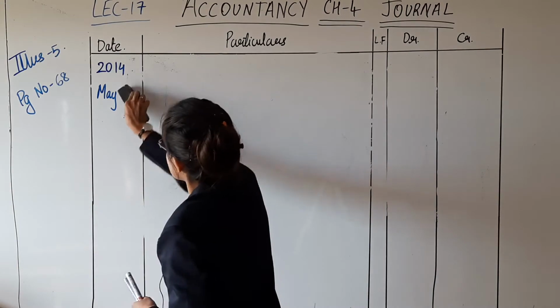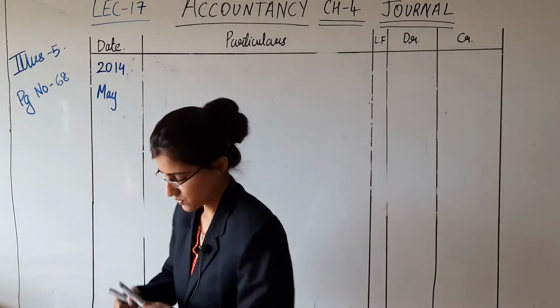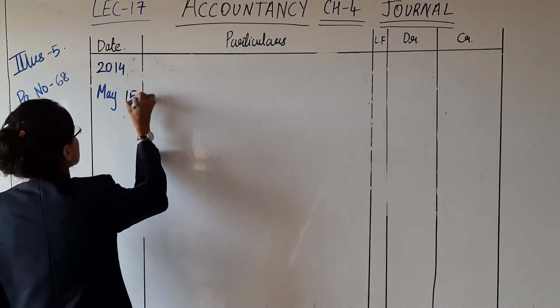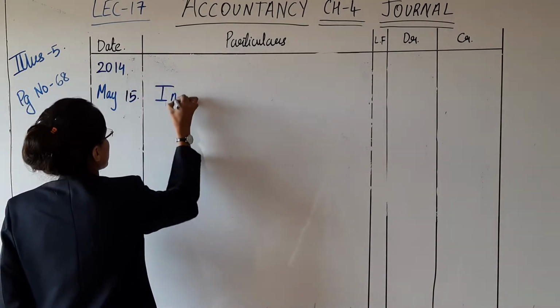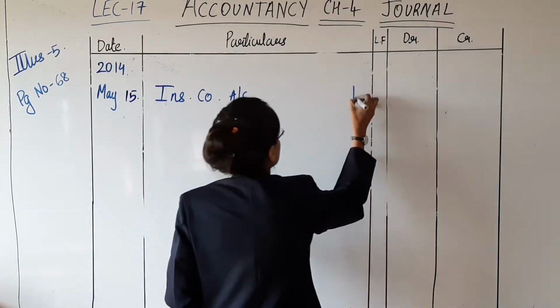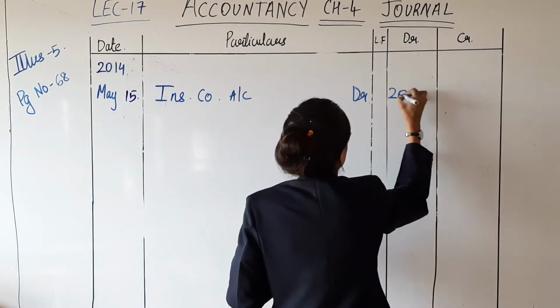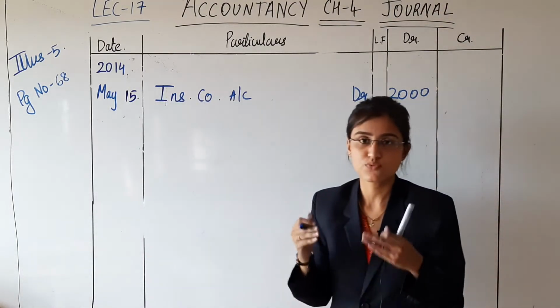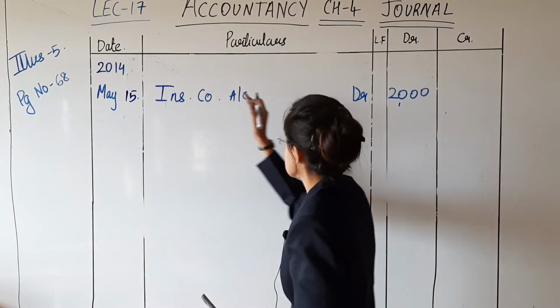So let us understand this. It is on 15th of May. So firstly, insurance company account debit. How much? 2,000, 50%. So total loss is 4,000, of which 2,000 the insurance company will pay.